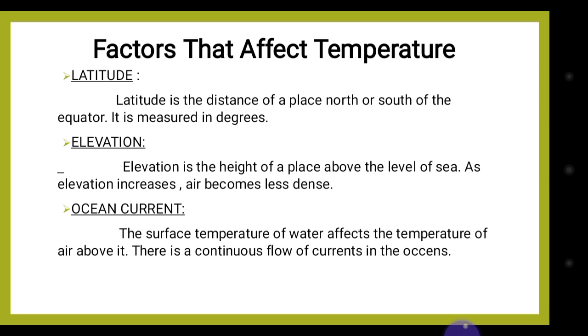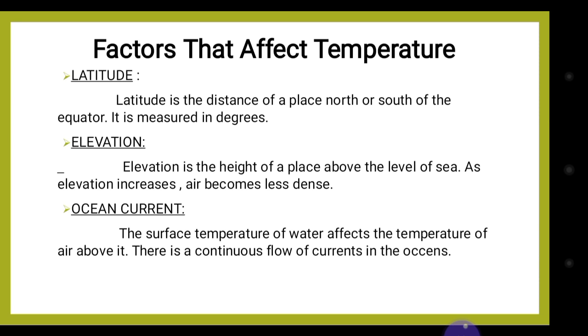So when the air becomes less dense as the elevation increases, the temperature of these areas decreases. The temperature at the top of a mountain is much lower than the temperature at sea level.